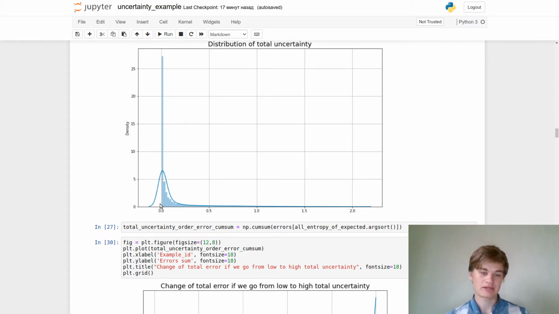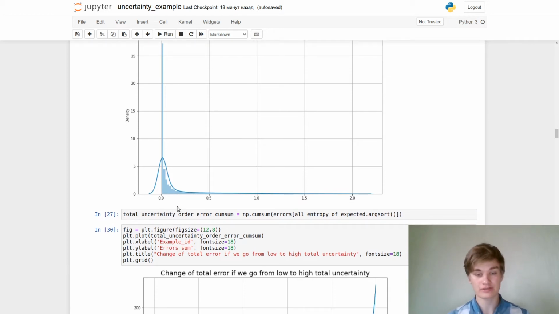We can see that we have many examples with low total uncertainty and quite few examples with high total uncertainty. But these examples are, with high probability, errors in these predictions. Let's check it.